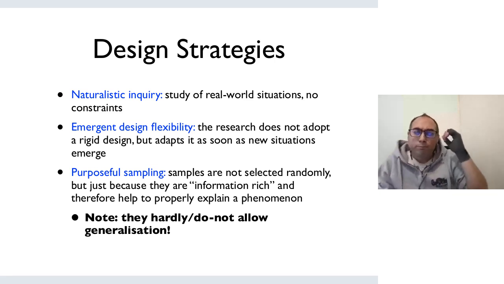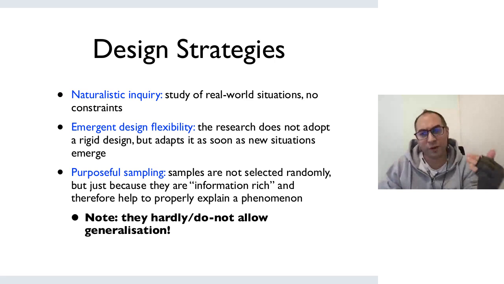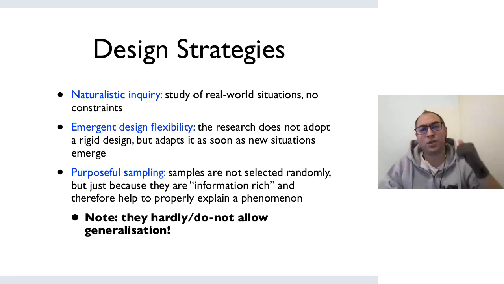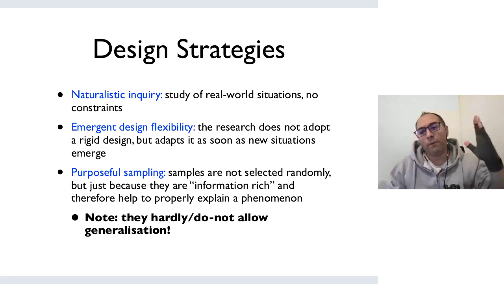Now, the reason why the designs are totally different also implies that there's no single bullet in designing for qualitative research. That is also the reason why there are strategies to design for qualitative research.